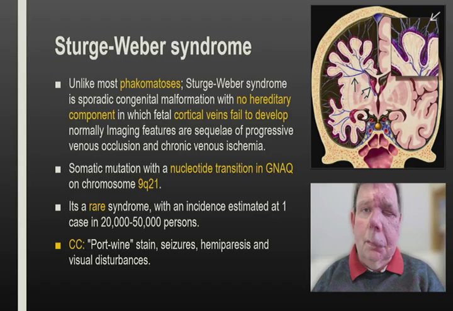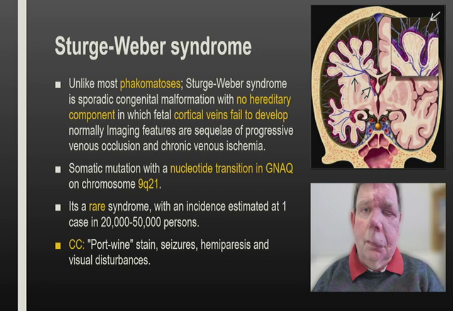Okay, the first diagnosis we think of is Sturge-Weber syndrome. Unlike most phakomatoses, Sturge-Weber syndrome is a sporadic congenital malformation with no hereditary component, in which fetal cortical veins fail to develop normally. Imaging features are sequelae of progressive venous occlusion or chronic venous ischemia.